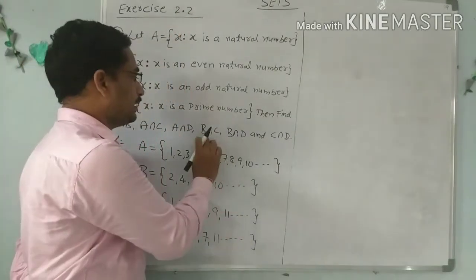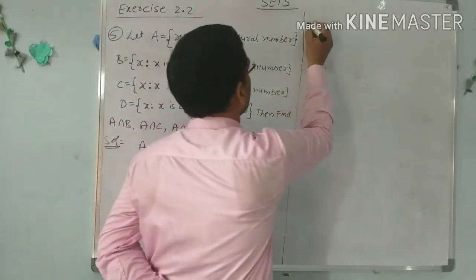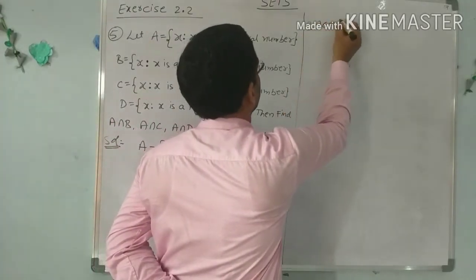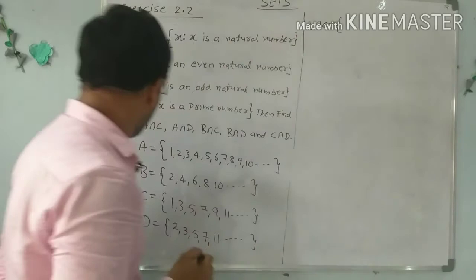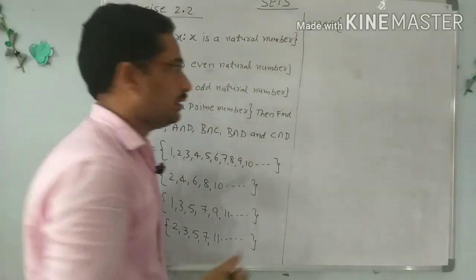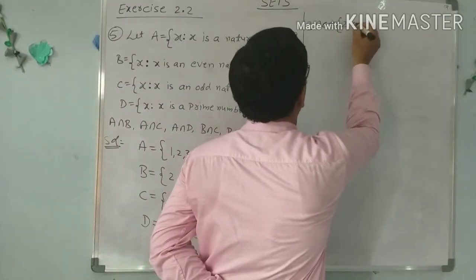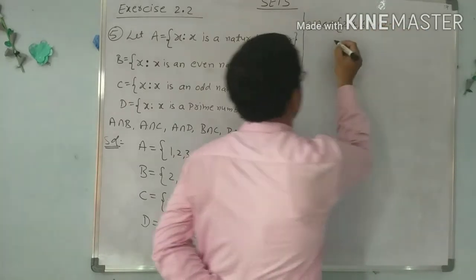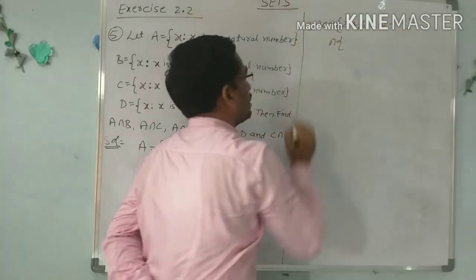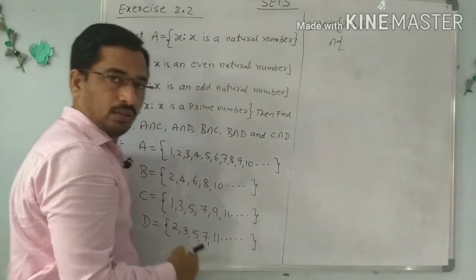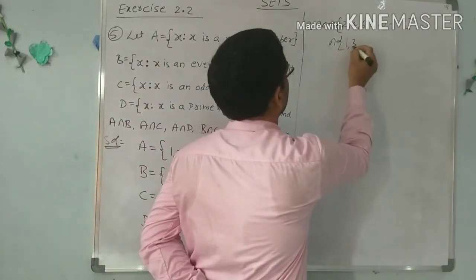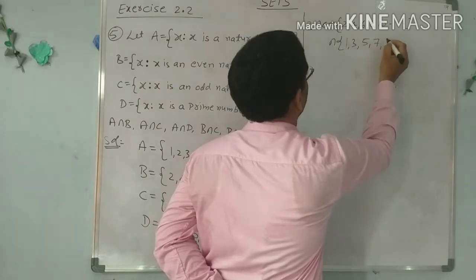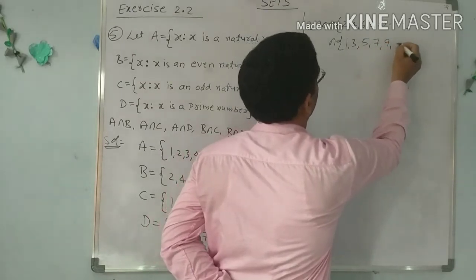Now B intersection C. Write the elements of B. B contains all even numbers: 2, 4, 6, 8, 10 and so on. Intersection, write the elements of C, all odd numbers: 1, 3, 5, 7, 9.